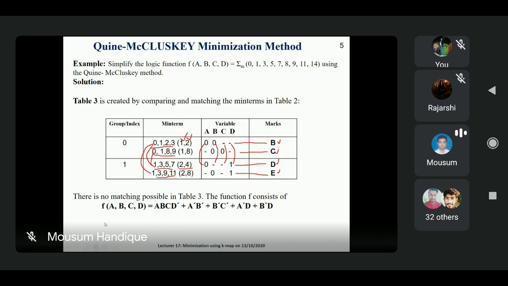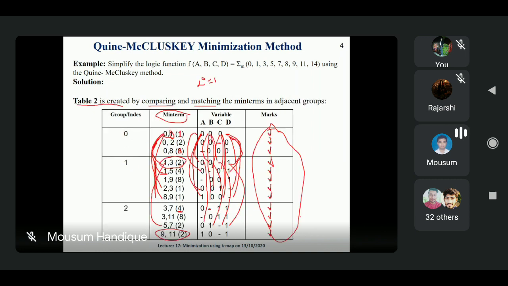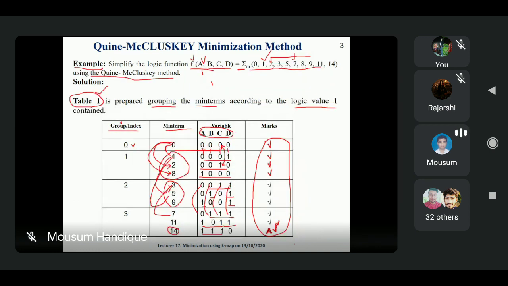Now we can easily write the expression. How can we write the expression? See here, you can find the initial variable, where the initial variable starts. In table 1, this one is A. So A is related to which binary sequence? 1, 1, 1, 0, because according to the question this one is the min term. Generally we use the min term, not the max term, when using the Quine-McCluskey method.